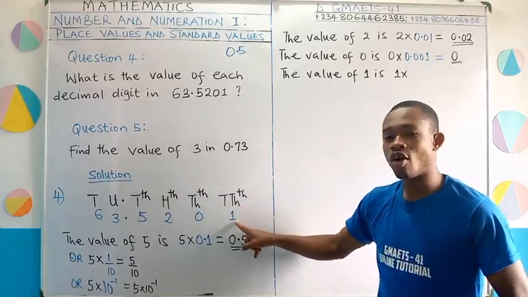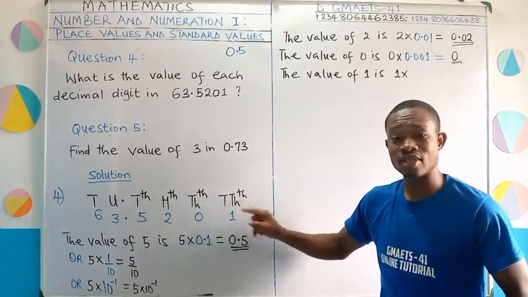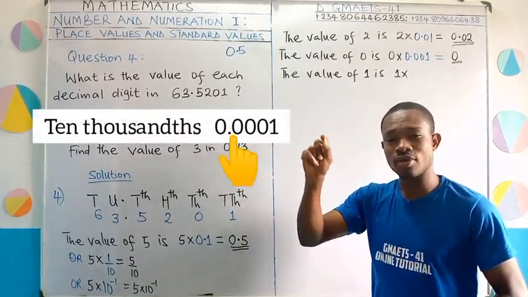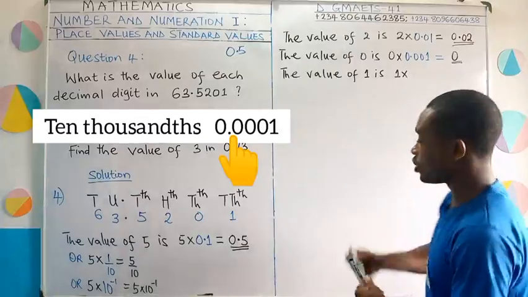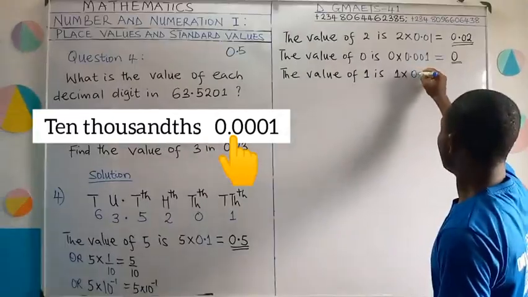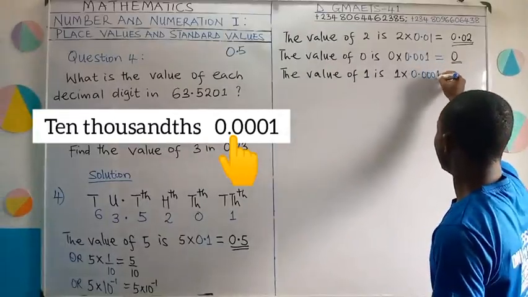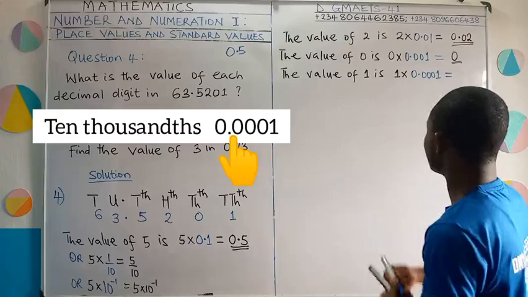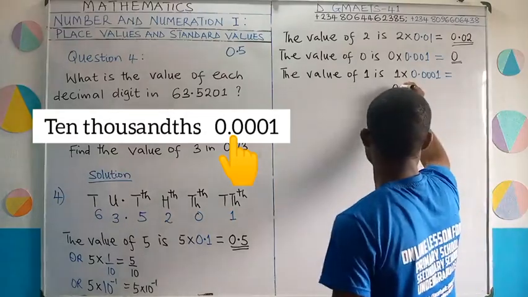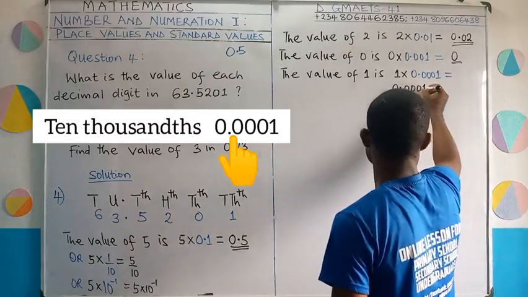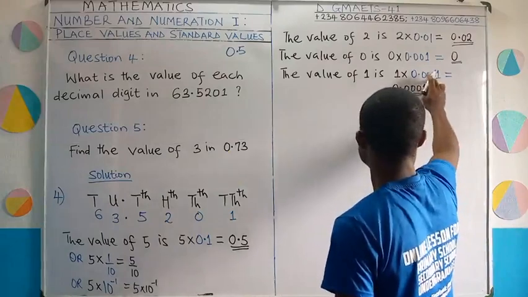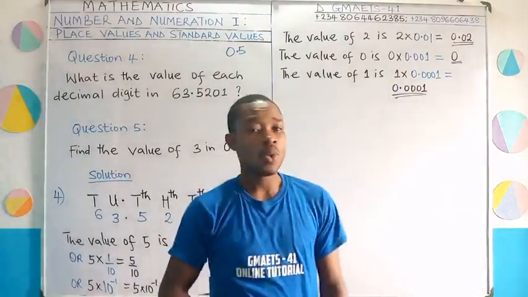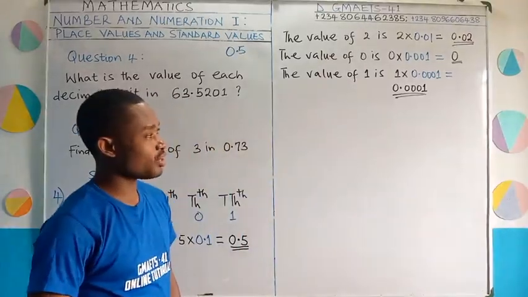The standard value of that 10,000 is 0.0001. There are 4 zeros before 1 there. Now, if you multiply this, the answer you are going to get will be equal to 0.0001. You still get this. Remember, 1 times a number will give you that number.